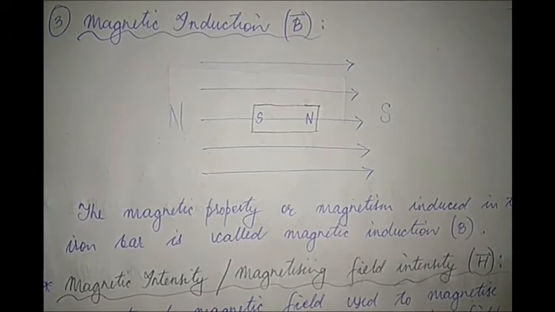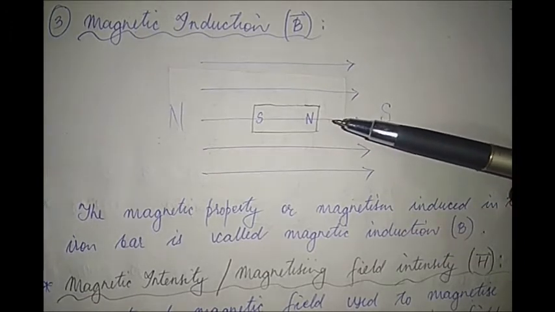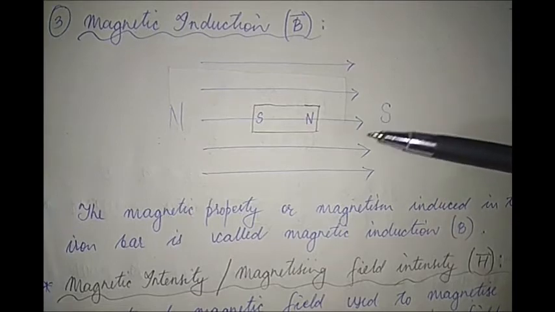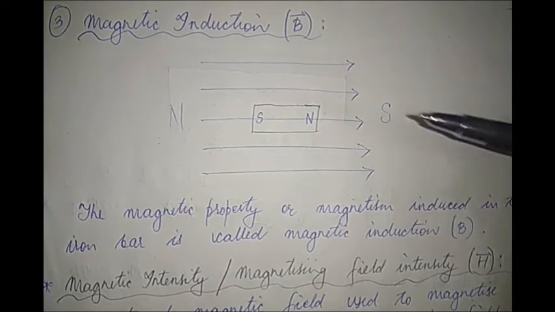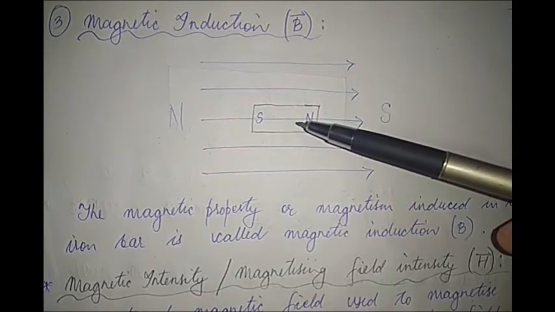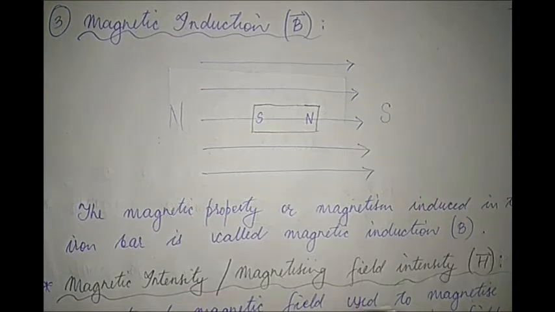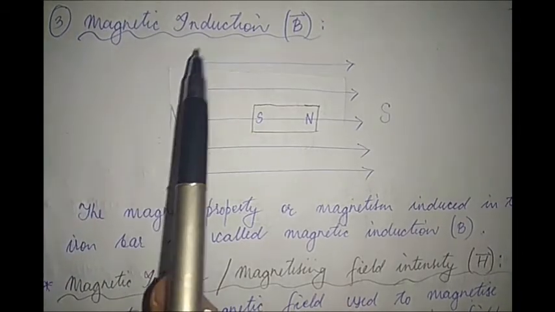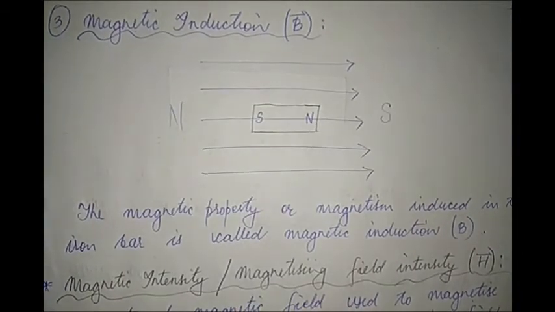So to say, when this iron bar is placed in the external magnetic field, it's like magnetism is induced in this iron bar. The magnetism that is induced in the iron bar is what is called magnetic induction, denoted by a capital B. So depending on the different scenarios, B has different names, and all three are its valid names, remember.